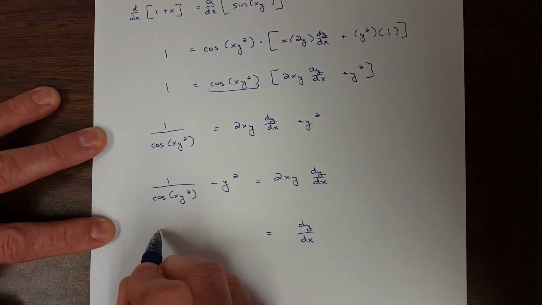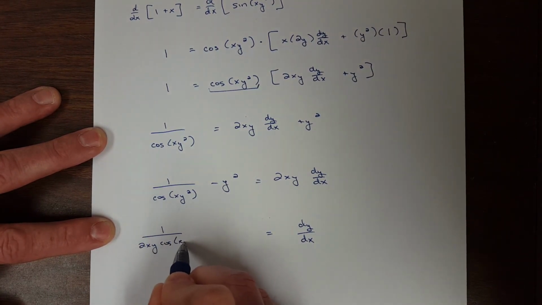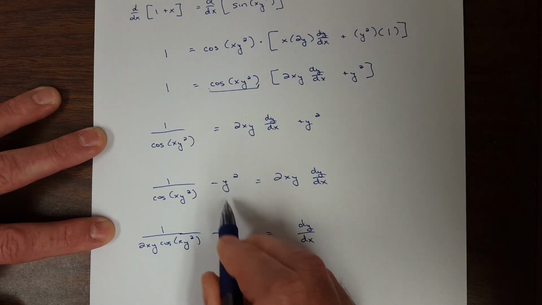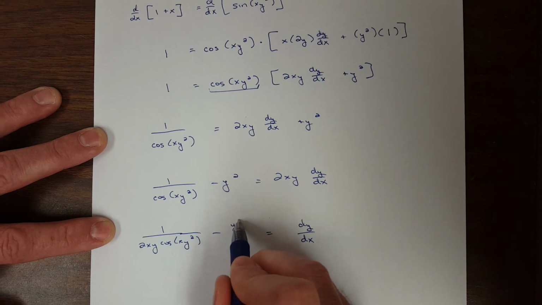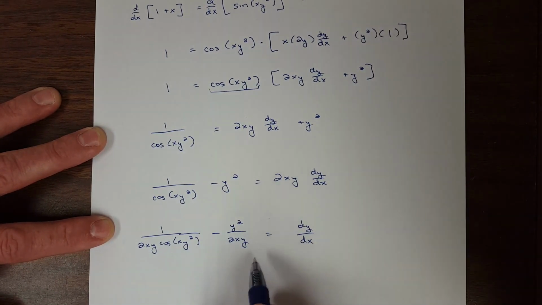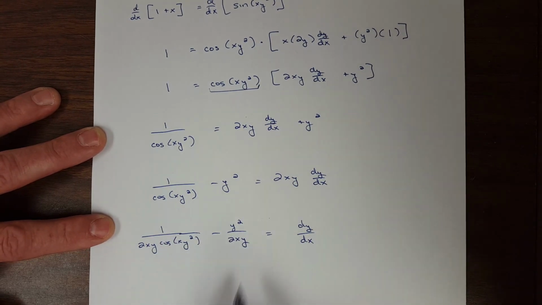And over here when we divide by 2xy, we're going to get cosine of xy squared minus, and then dividing this by 2xy. And we could reduce the y's there. I'm not going to waste time on this video to do that. So here's your answer. Just make sure you show that reduced.